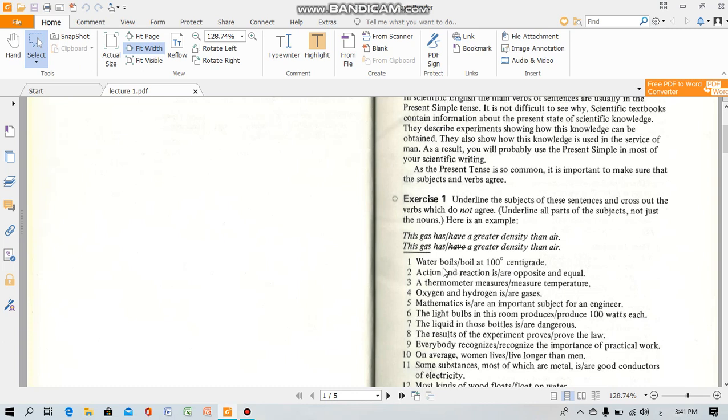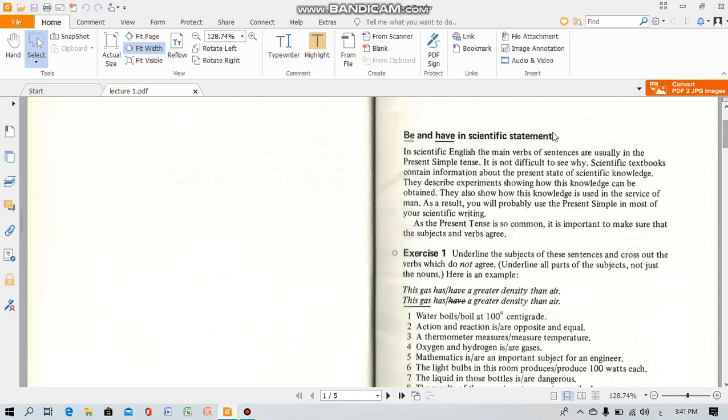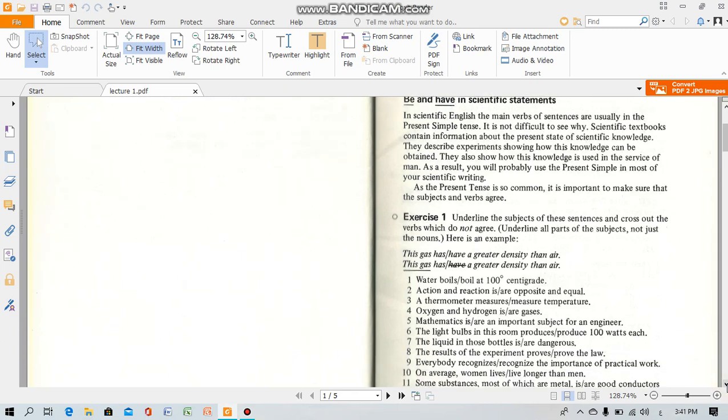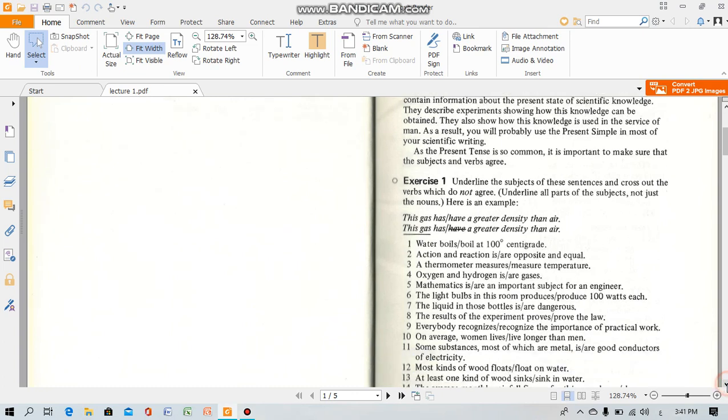If we want to use the two words be and have in scientific statements, these are the main verbs of any sentences, which are usually in the present simple tense. Now we have number one, water boils or boil at 100 centigrade.